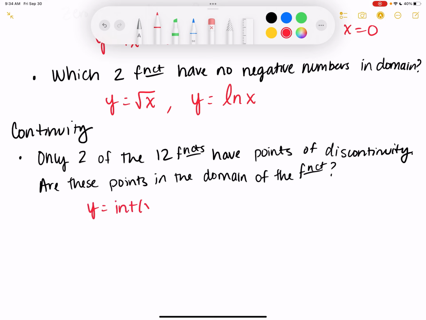I wasn't sure if it was integer, so I just said int. And what's the other one? Y equals 1 over 1 plus e to the negative x. The logistic function. Is that continuous? It's continuous. But it's like there's holes in it. No, there's no holes. Those dots are an asymptote.